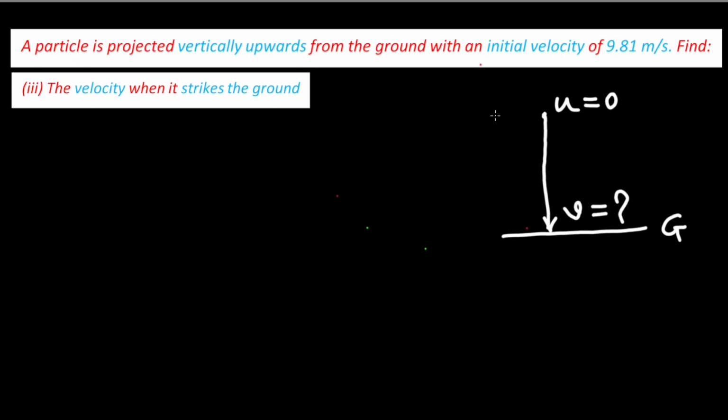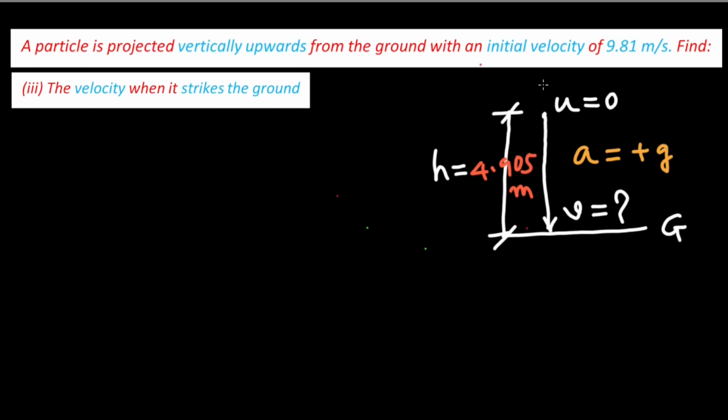And during the course of downward motion, it is covering distance equals h, which we have found, 4.905 meter. And since the motion is downwards towards the earth, the acceleration will be plus g.